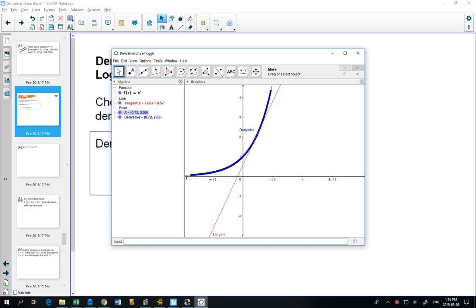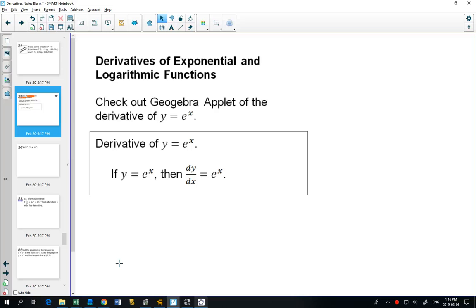The two graphs are exactly the same. This only happens once in all of calculus, and it happens with the equation of e to the x.